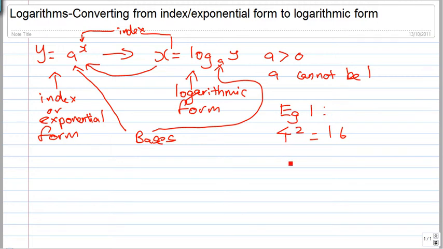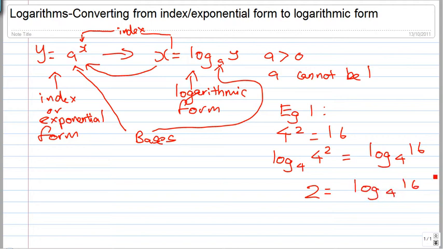So in this particular case, if you attach log base 4 to both sides, you will get log base 4 of 16 on the right. Now log base 4 of 4 will be 1, and then we get a 2 on the left hand side: 2 equals log base 4 of 16. There you go. It's very simple.